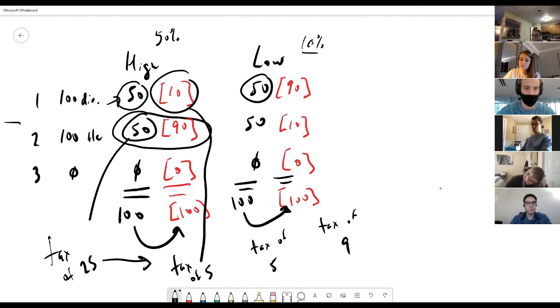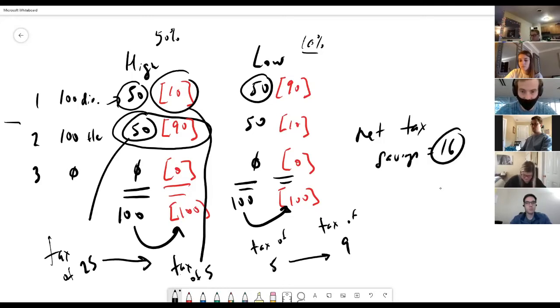So high bracket is saving $20 of tax. Low bracket is increasing tax by 4. The net tax savings is 16. So their total tax liability goes down by 16.